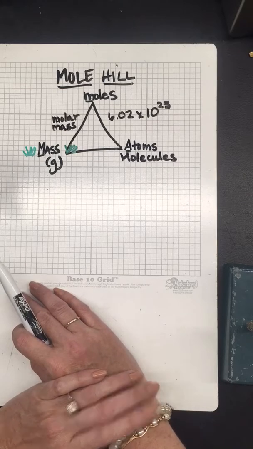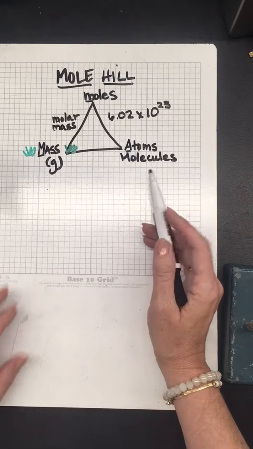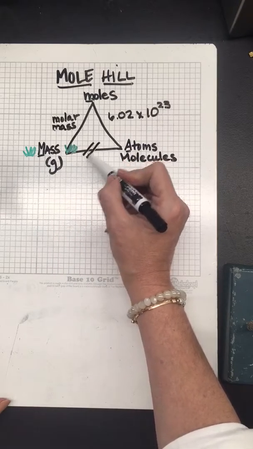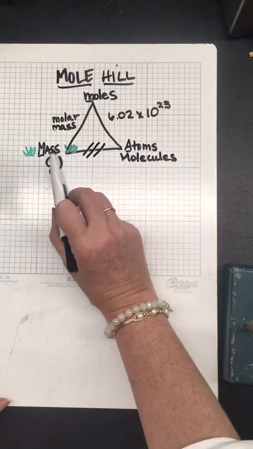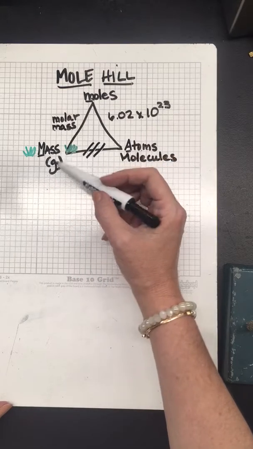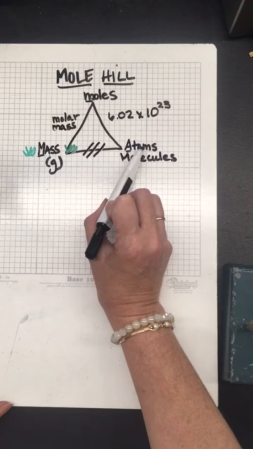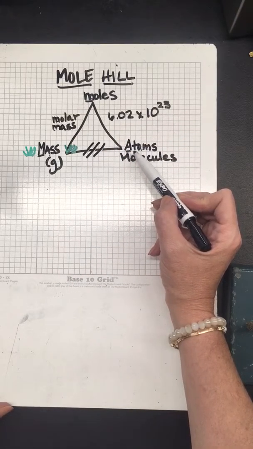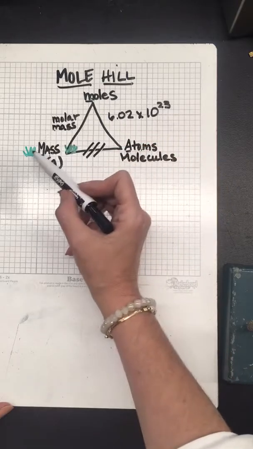Or if I'm given moles and I want atoms, I can convert going back through 6.02 times 10 to the 23rd. Well, just like a real mountain or a real hill, you can't drive through the mountain. You cannot get from mass to atoms, or from atoms to mass, in one step. In order to get from mass to atoms, or atoms to mass, you have to go over molehill to get there, in either direction.